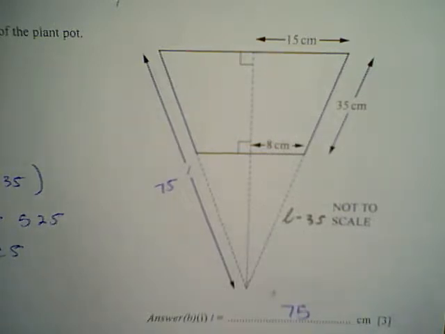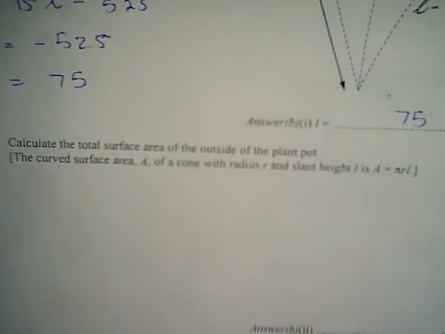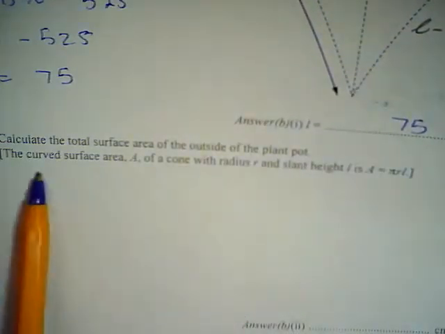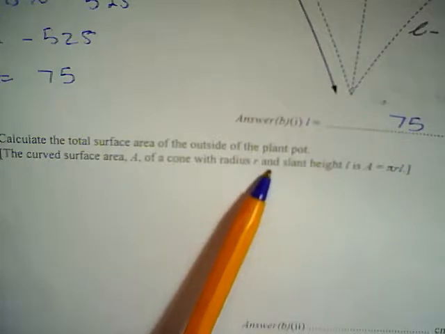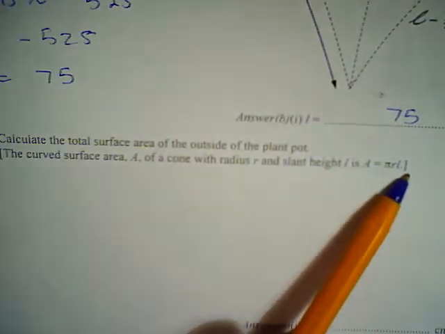Okay, good. So now they ask us, calculate the total surface area of the outside of a pot plant. The curved surface area A of a cone of radius R and slanted height L is A equals pi RL.